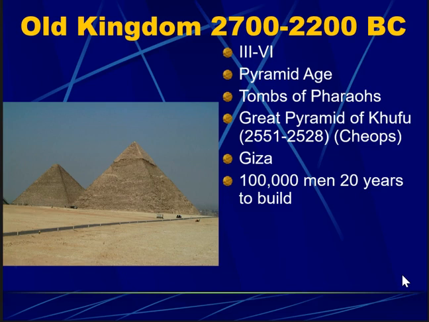Anyway, Herodotus says that it took 100,000 men 20 years to build the Great Pyramid of Khufu. Now, again, those are round numbers, but I think it gives us a good idea that this is taking a huge amount of people a very long time.